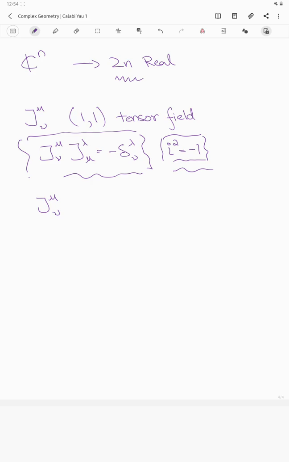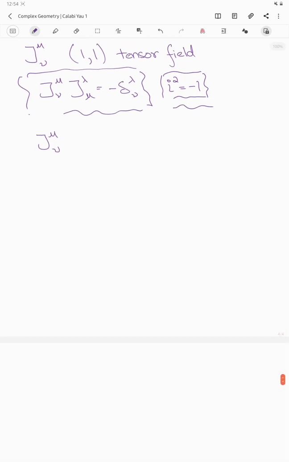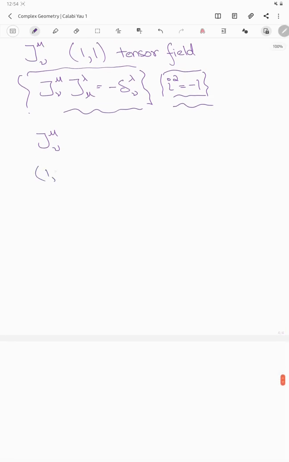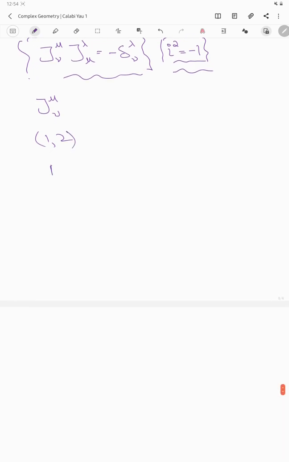Now let's do something. Let's construct a 1,2 tensor, and let's say that it is N mu nu lambda, which is equal to, let's construct it out of this 1,1 tensor, right?